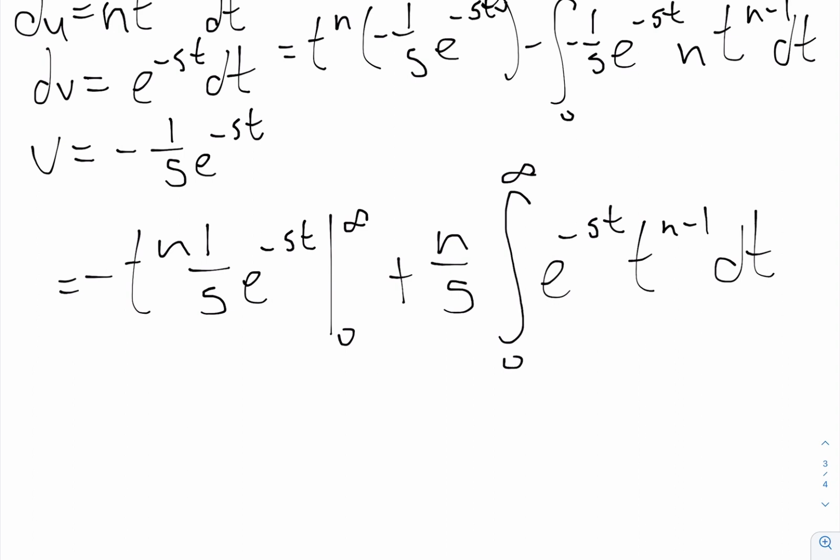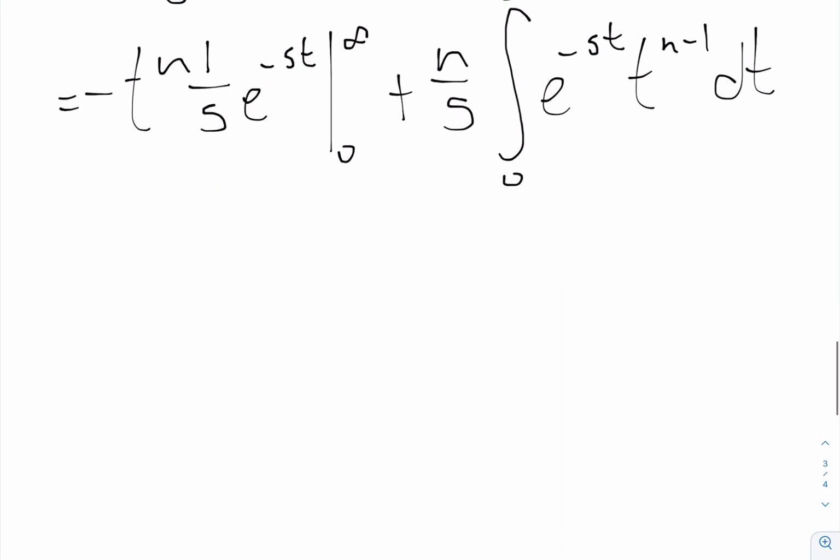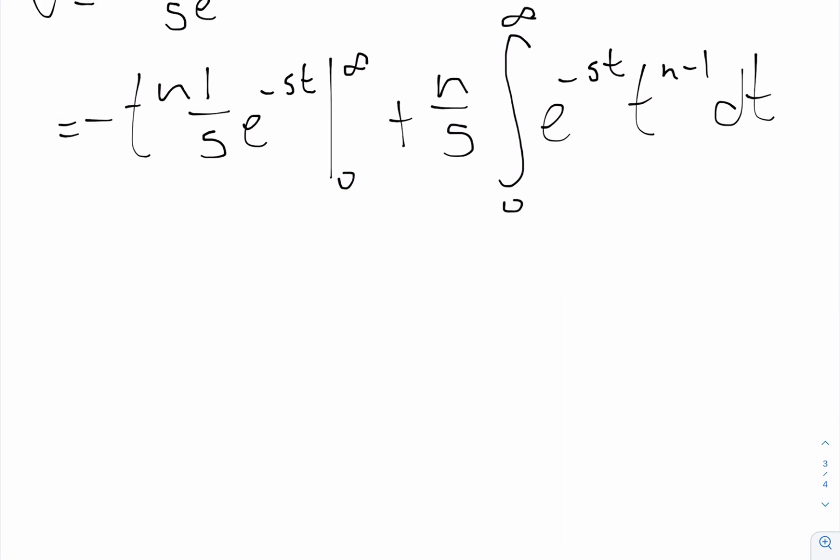Now that we've done this, we have to plug in infinity and 0 and actually evaluate these limits. What you'll notice is that this right here is the Laplace transform of t to the n minus 1.